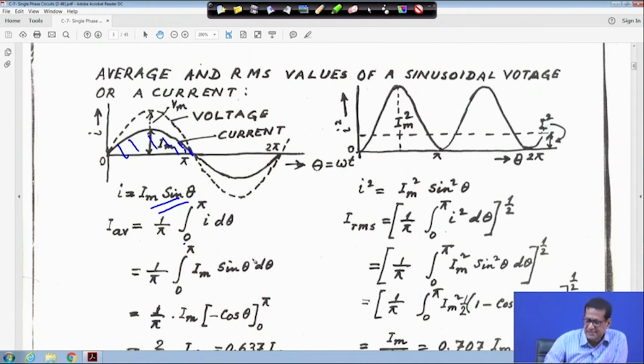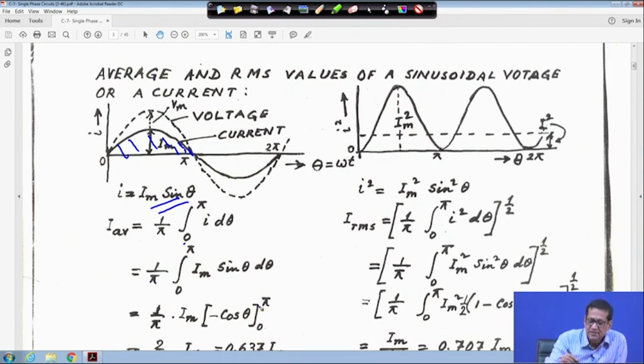This side is for the RMS value. Since I is equal to Im sin theta, it is 1 upon pi, 0 to pi, Im sin theta d theta. If you integrate it, it will be 1 upon pi, Im, minus cos theta from 0 to pi.